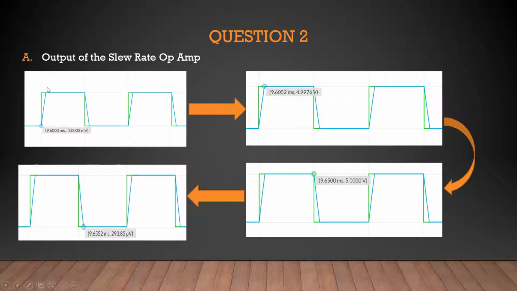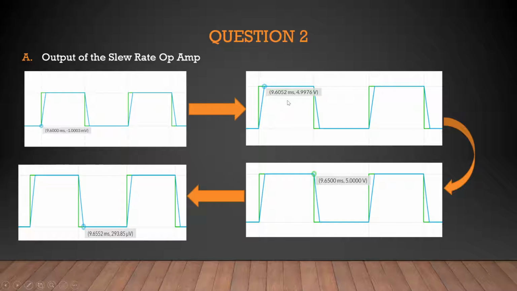Here it is 9.6 milliseconds to reach the peak. You need that much to increase from 0 to 5 volts, which takes around 5 microseconds. To get the slew rate, we take the maximum positive voltage, which is 5 volts, minus the negative maximum voltage, which is 0.